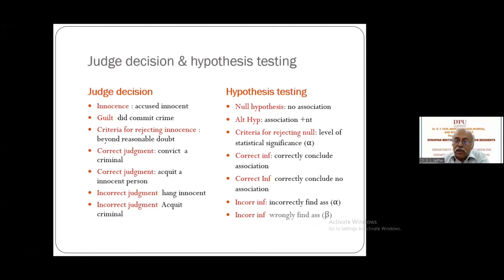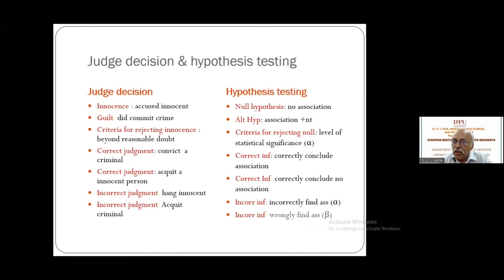Similarly, we can make a mistake in the court of law also. There can be two types of mistake. One type of mistake is to convict an innocent person. Similarly, in an experiment, we can correctly conclude no association. Then in court of law, we can have a wrong judgment, hanging or punishing an innocent person.